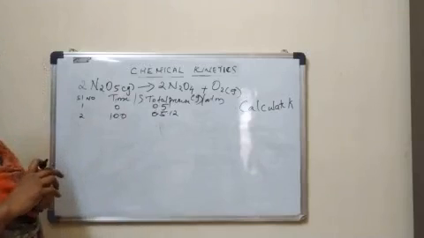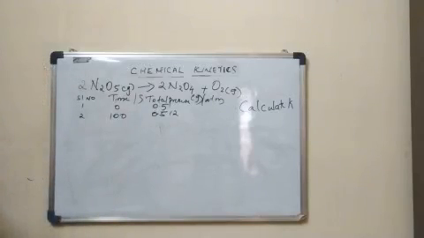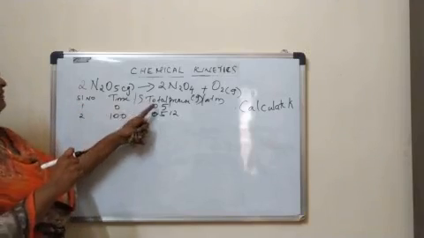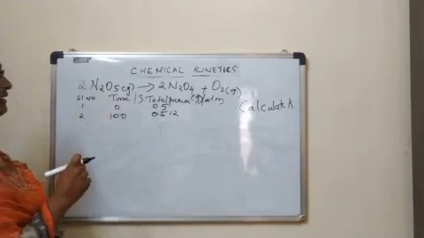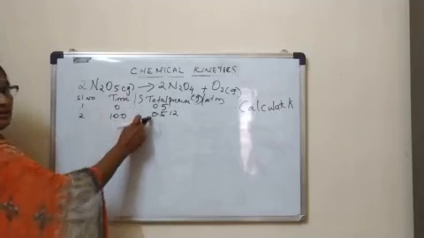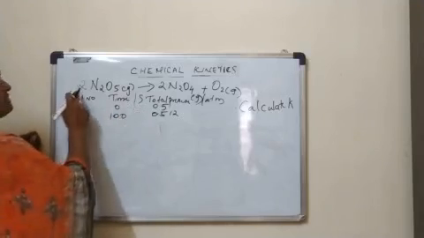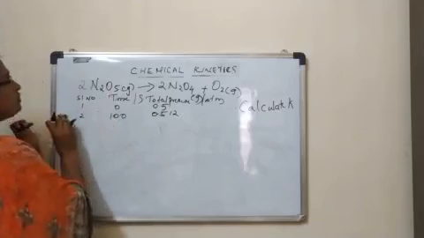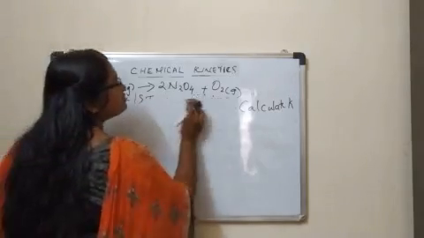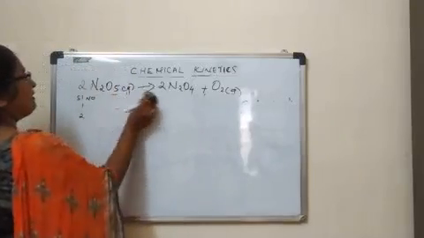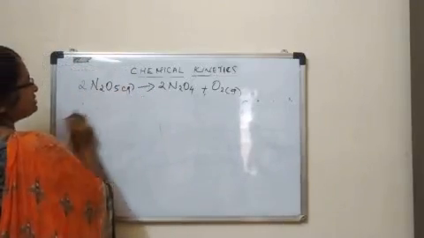So first of all, we have to derive an equation based on these partial pressures, that is the initial pressure, Pa and Pt. We have to derive an expression, and after that we can substitute the values of Pa and Pt in that. So just look into this equation, 2N2O5 gives N2O4 plus O2, the given equation.